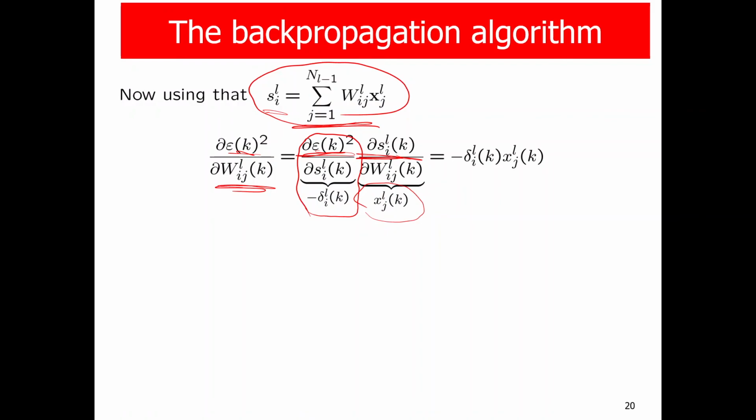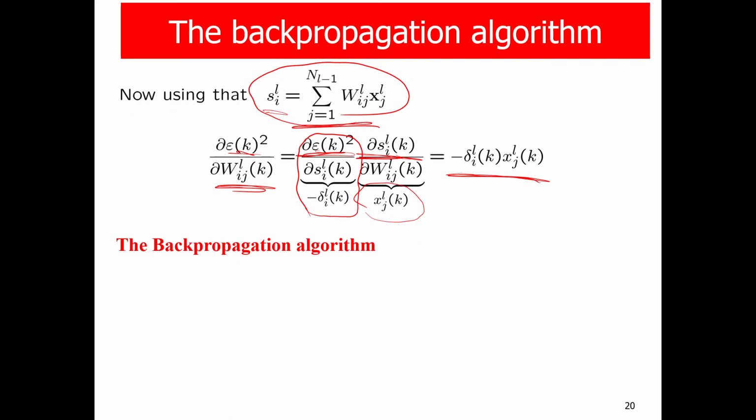So we got that the derivative of the squared error with respect to the weights W L i j is just this expression here, where delta is the backpropagated error, and we need to multiply that by X L j.